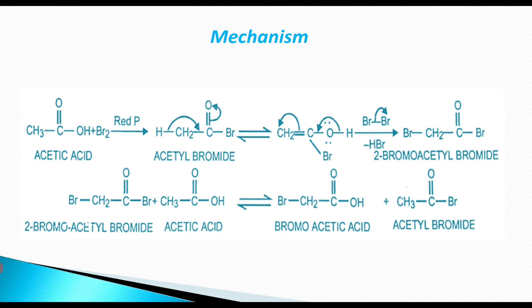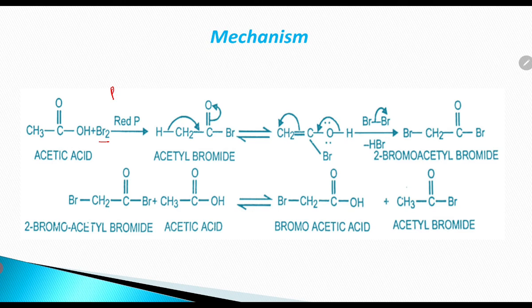See, in step 1, here we have taken the example of acetic acid. The reaction of red phosphorus with bromine results in the formation of phosphorus tribromide.